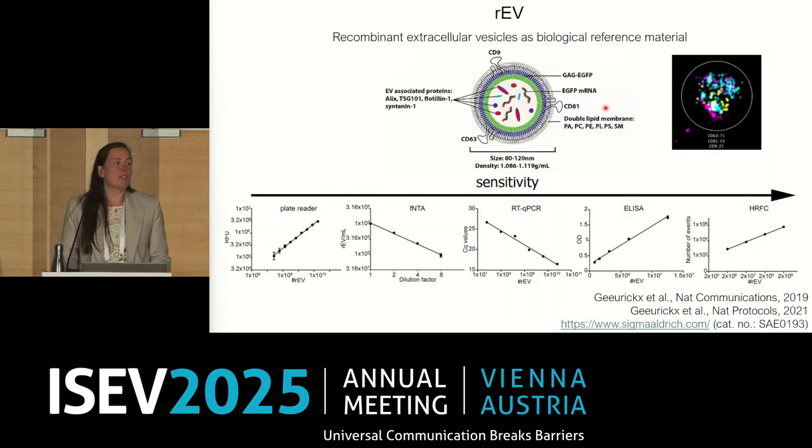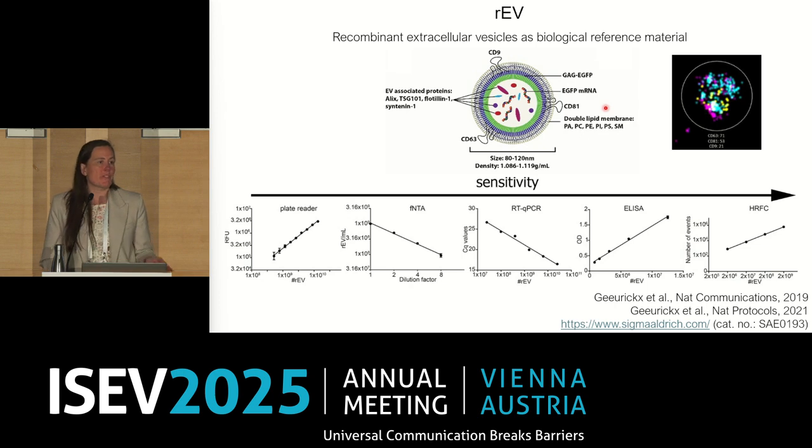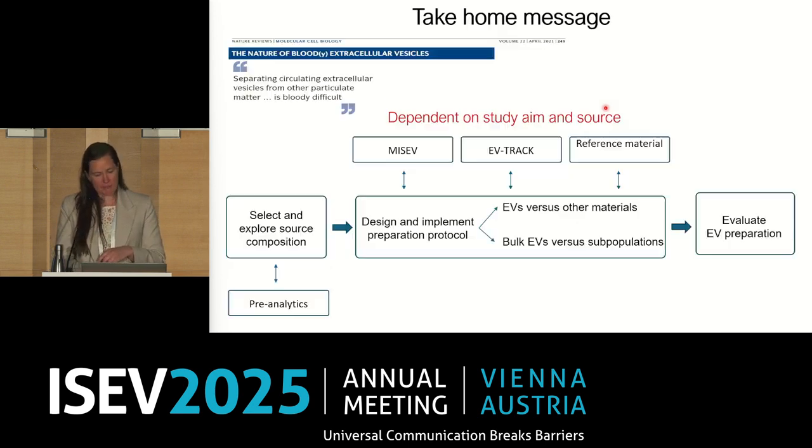And a third tool that, of course, has been developed over the past couple of years are reference materials. Different types of reference materials have entered the field, but these are really crucial and fundamental to help us set up preparation protocols, understand the impact of pre-analytics, and also help us to set up the characterization methods that we use to analyze these extracellular vesicles.